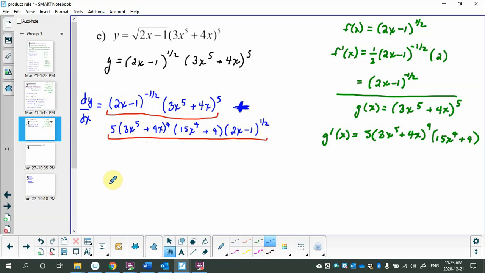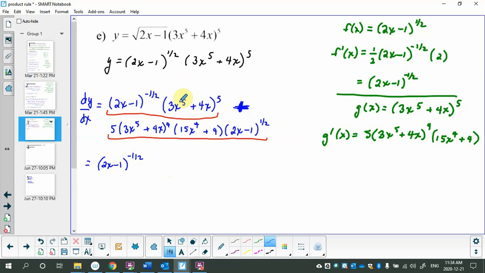I think I can manage to take the derivative in one line because I have the rest of the page. So between 2x minus 1 to the negative a half and 2x minus 1 to the positive a half, the minimum is the negative a half. So I am going to put that as my first factor. I don't have to worry about a number because there's no number out front before the plus sign.